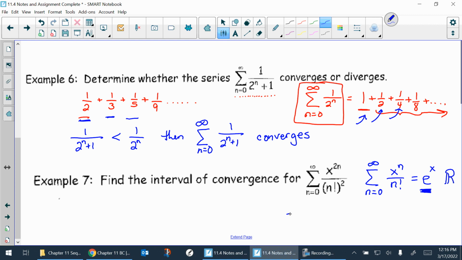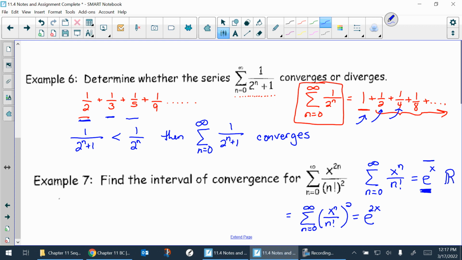So what's this thing right here? Well, isn't this x over n factorial squared? Wouldn't that be like e to the x being squared? E to the 2x?